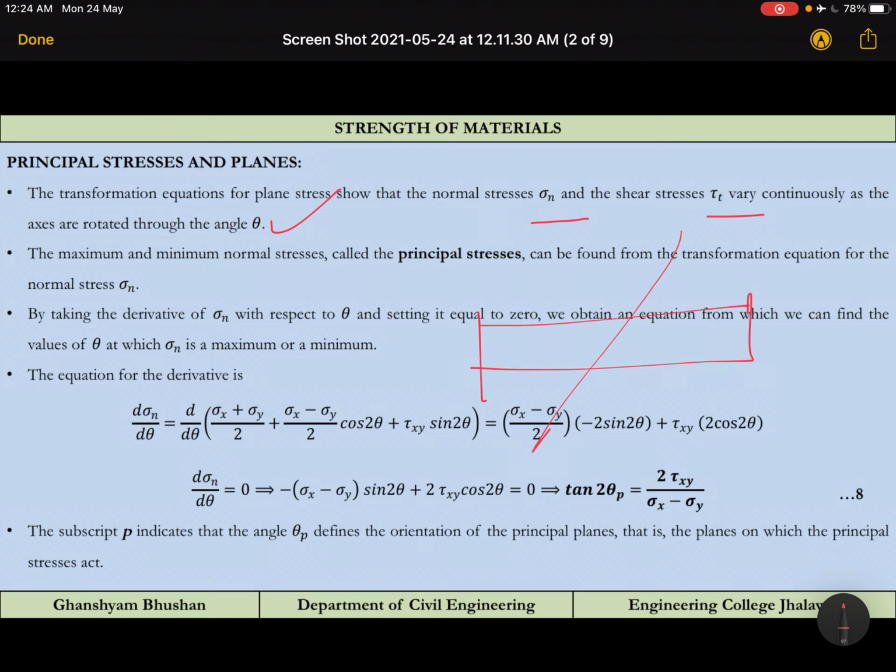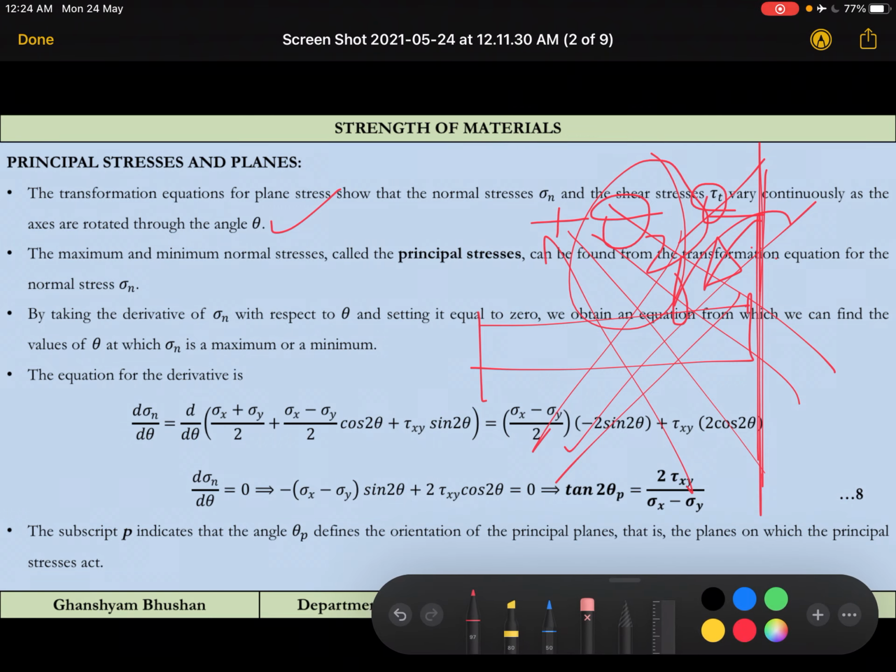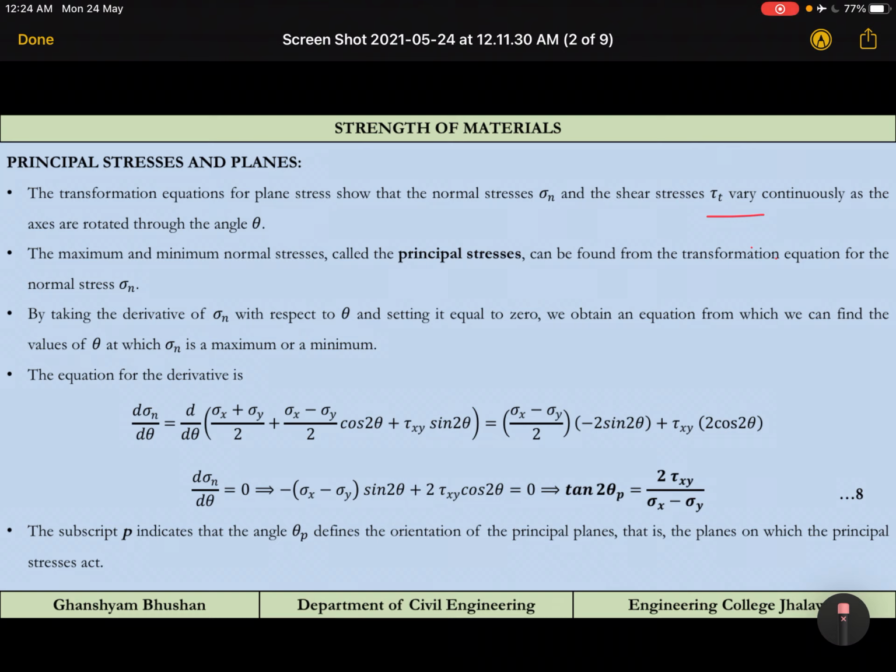With this reference, on any plane we check the value of theta from the reference plane, theta 1, theta 2, put it in the transformation equation, and we get the normal stress and shear stress. That is quite simple.